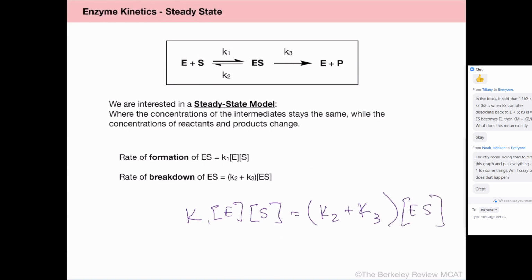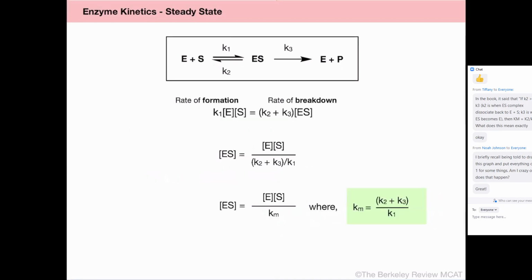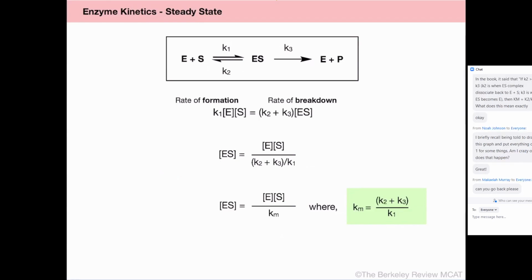You're just setting these equal to each other. If you do that, you'll see that you have your rate of formation, k1, going to here, and then your rate of breakdown, k2 and k3.